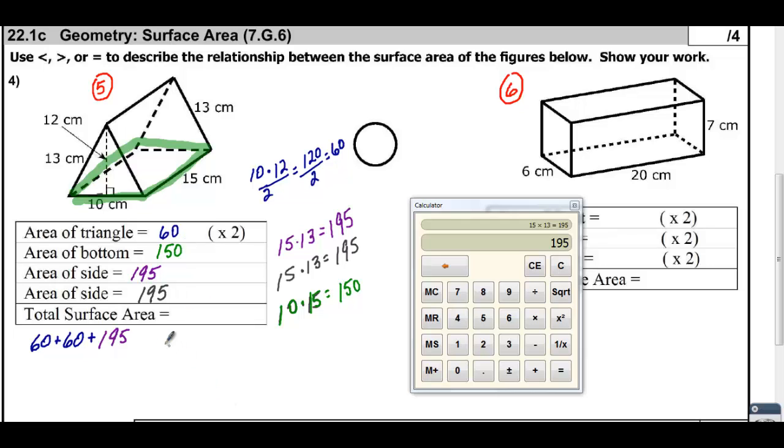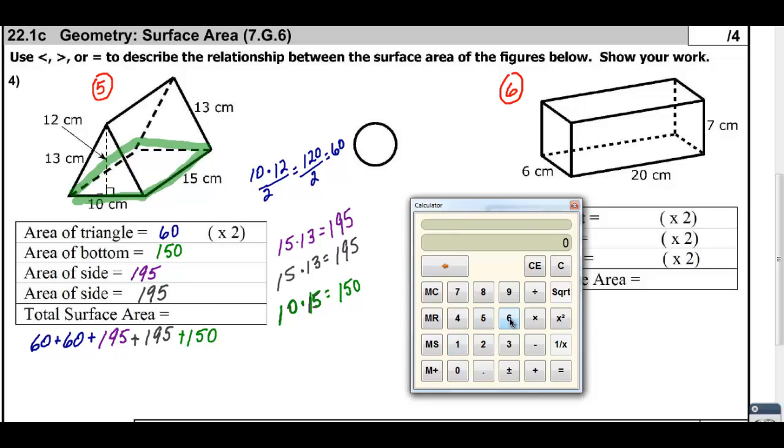This is the advantage of doing it this way. I could look and see, wait a minute, there were only 3 numbers, but I knew I had done 4 things here, and then the 150. So I have triangle, triangle, side, side, side. This last side is the bottom side.